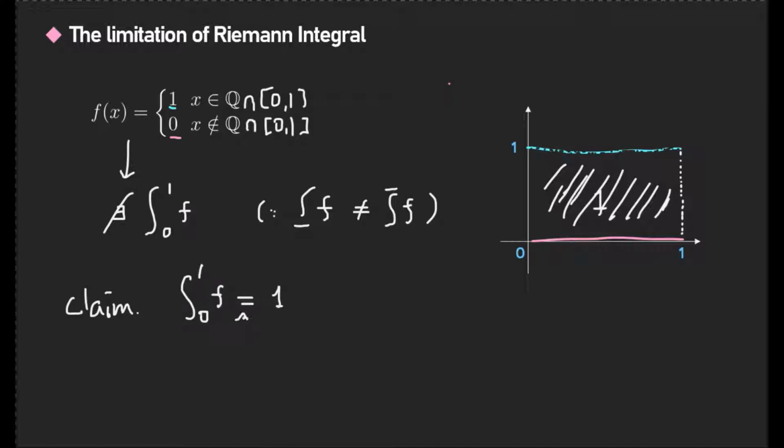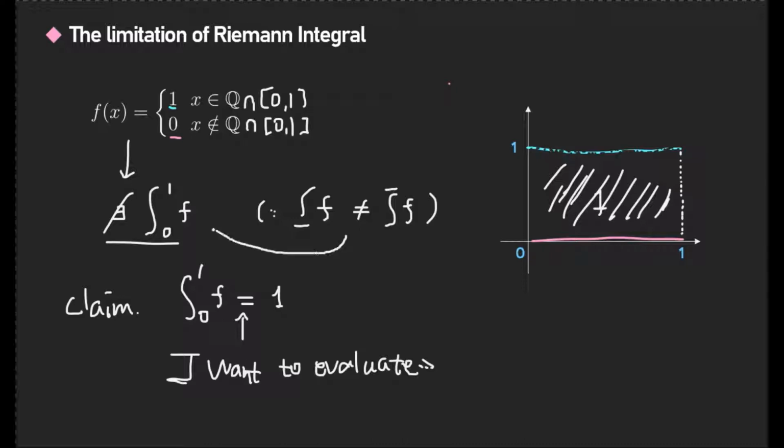I want to evaluate it. But in the Riemann sense, by this property, the Riemann integral does not exist. But it is no problem. The value is just 1. But how can we say this value is 1, given the limitation of the Riemann integral?